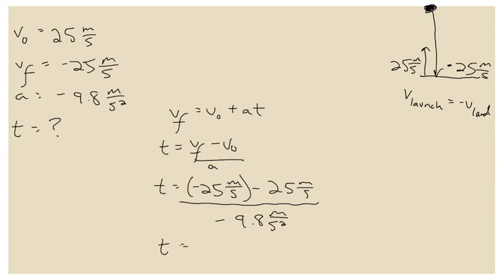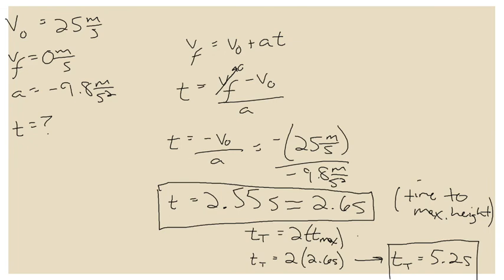Now, this is the part that you need to notice. Look at the numerator here. It's negative 25 minus 25, which is going to give you negative 50 over 9.8. In the previous version of this, when we did the math, we had negative 25 over negative 9.8, and then we had to multiply it by 2.